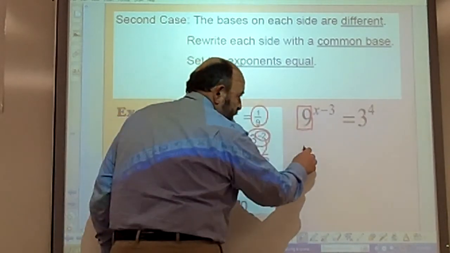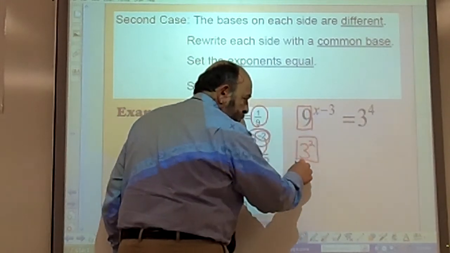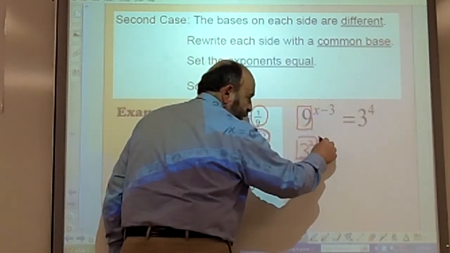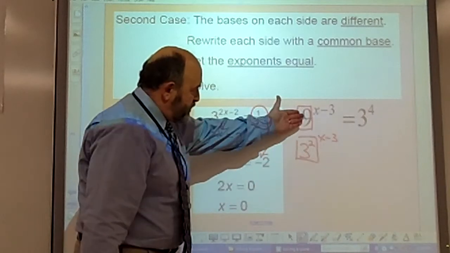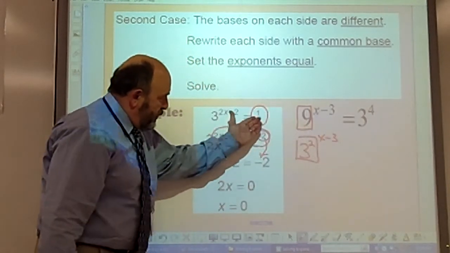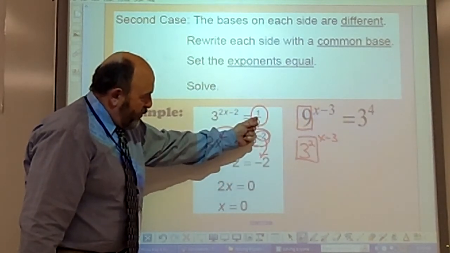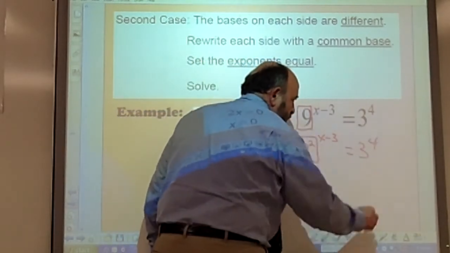So this right here can be replaced with this, just like that. We still have the exponent. See, notice all I did was substitute 3 squared for 9. Even here, we just substituted 3 to the negative 2 for 1/9. Equals 3 to the 4th.